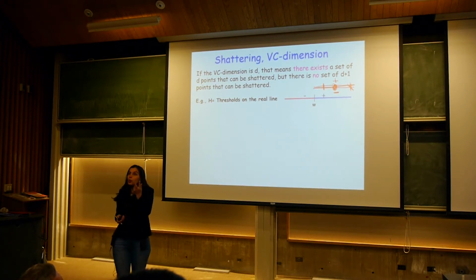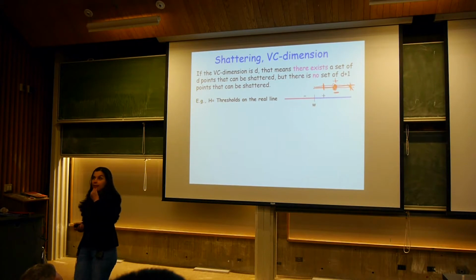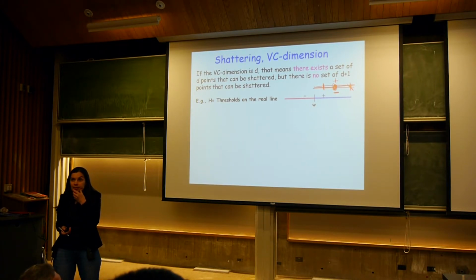Now, can I shatter 2 points using thresholds? Yes? No? By just using one. You can say, okay, this point is positive and negative, you can show it this way, but you cannot make it plus with the same thing.